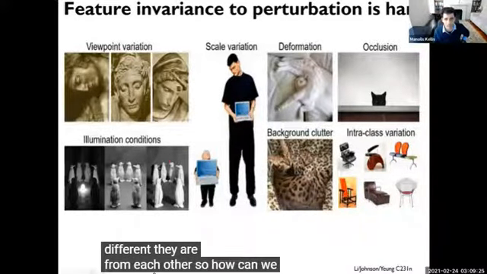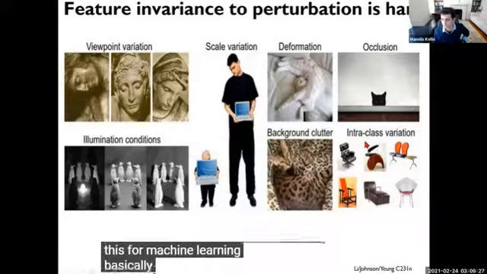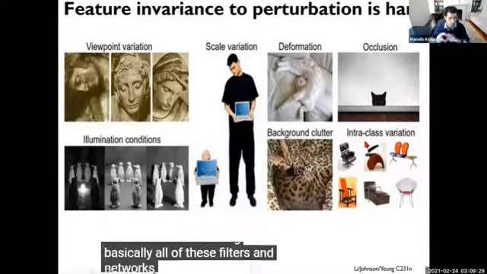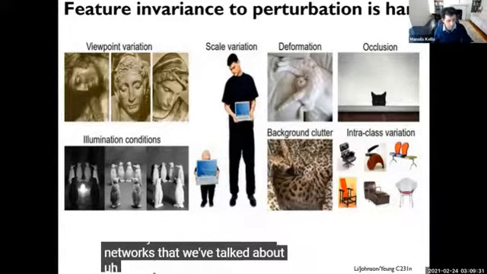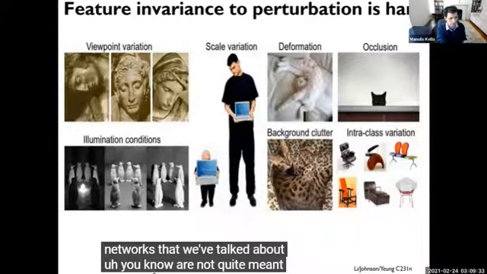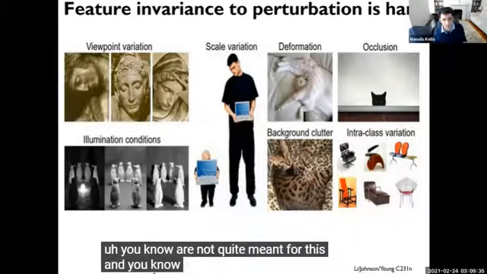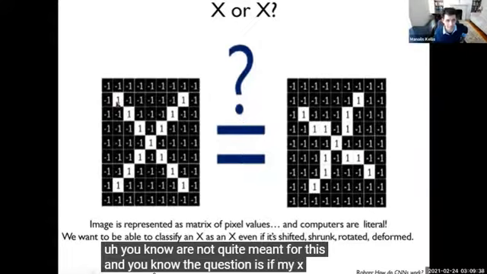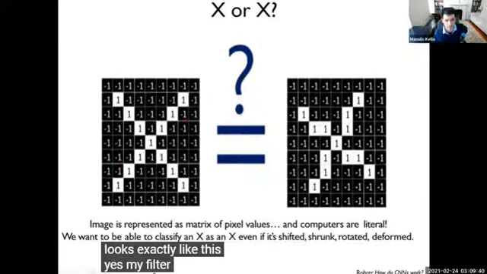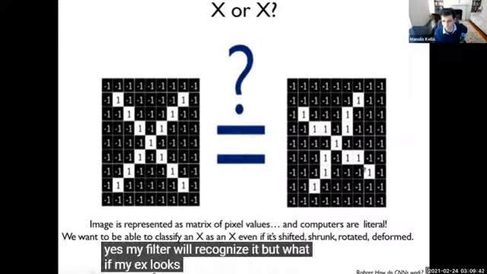So how can we achieve this for machine learning? Basically, all of these filters and networks that we've talked about are not quite meant for this. If my X looks exactly like this, yes, my filter will recognize it. But what if my X looks like that?